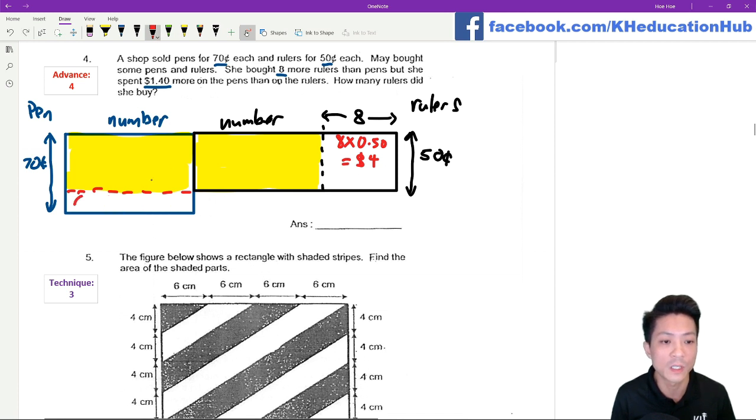Which means that over here we'll have $4 plus the $1.40. And if you look over here, this is 20 cents.